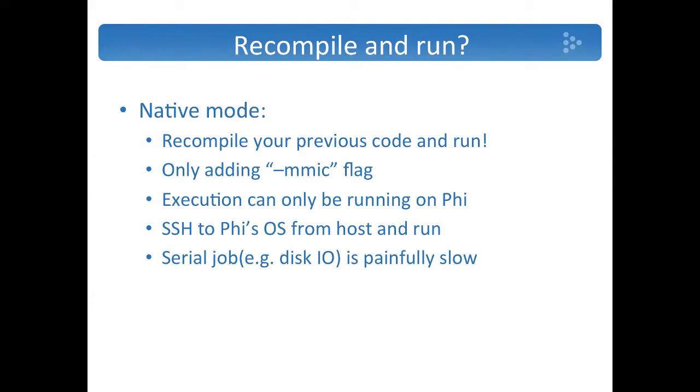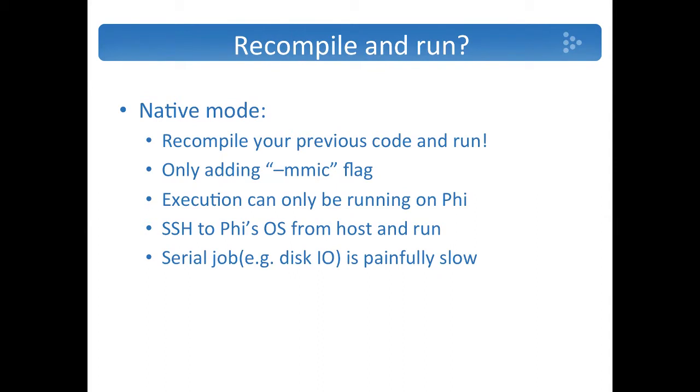You can use some tools like vi to edit your files, and you can run your program on it. But be sure that your program is compiled with -mmic, so that it can be run on Xeon Phi. If not, your program can only be run on your host machine.